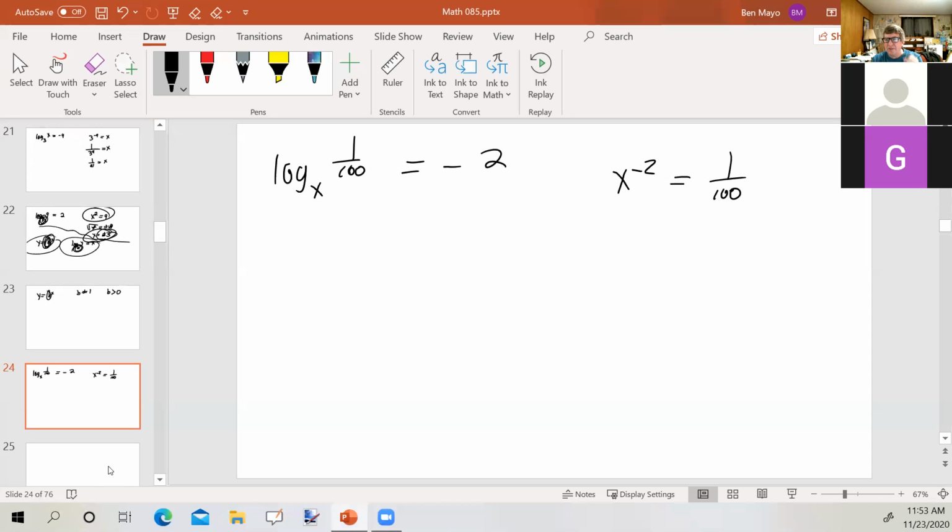If I have a base to a power equals a different base to the same power, now the bases can be equal. 1 over 100 is 1 over 10 squared, correct? But 1 over 10 squared is 10 to the -2 power. So x to the -2 equals 10 to the -2, therefore x equals 10. That makes sense?